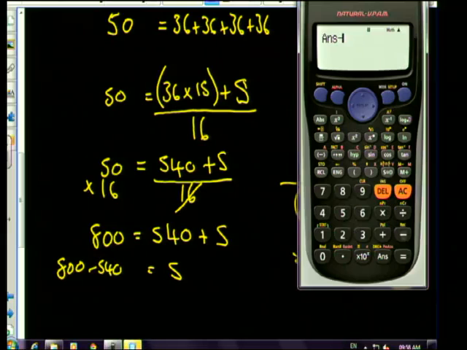So 800 minus 540 gives me an answer of 260. So this student, if the teacher wants to get its average from 36 to 50%, this student has to get 260%.